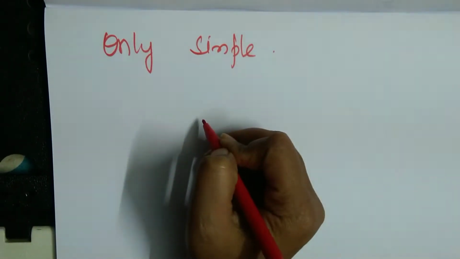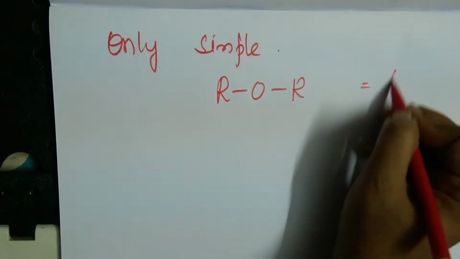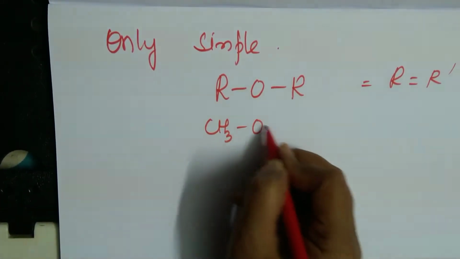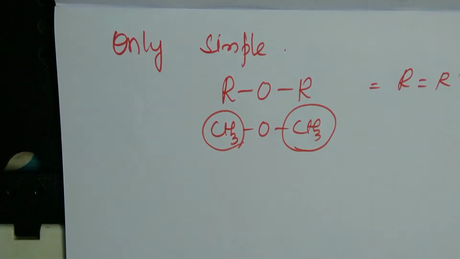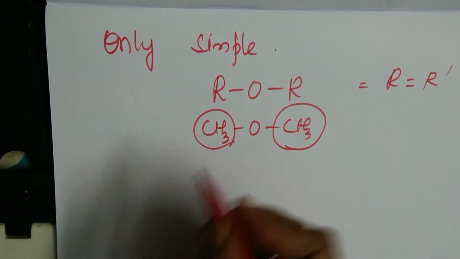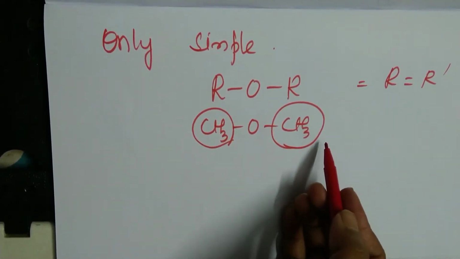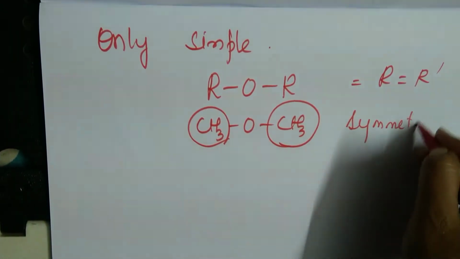What are simple ethers? Simple ethers are one in which R is equal to R dash, CH3OCH3. So both R's are same, therefore I call it as simple ether. If C2H5 is here, C2H5 should be on the other side also. They are also called as symmetrical ethers.